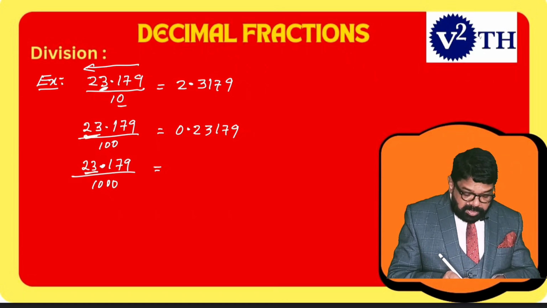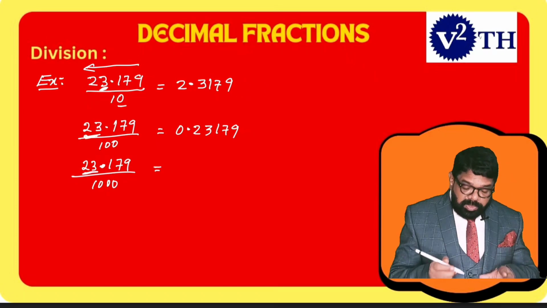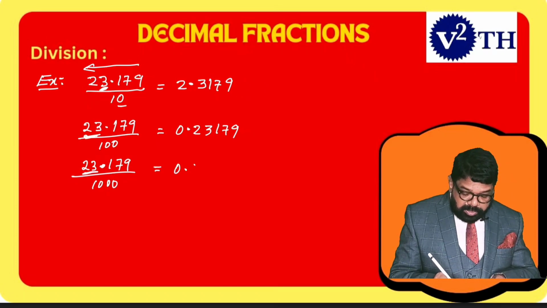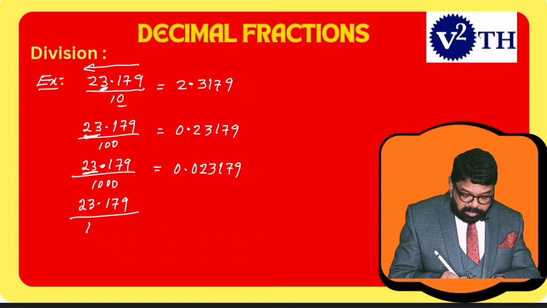But here after the decimal only 2 digits are there, so shifted to the left 3 digits means put one more 0. So 0.02317. Same example, 23.179 by 10,000. 10,000 means 4 zeros, the decimal is shifted left 4 digits.